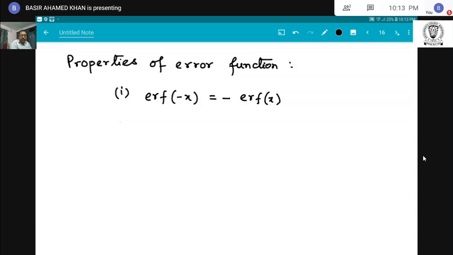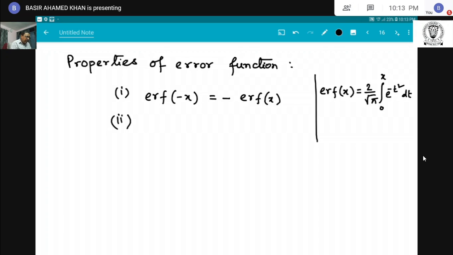The second way to see it: we know that error function of x equal to 2 by root pi times the integration over 0 to x of e to the power minus t square dt.